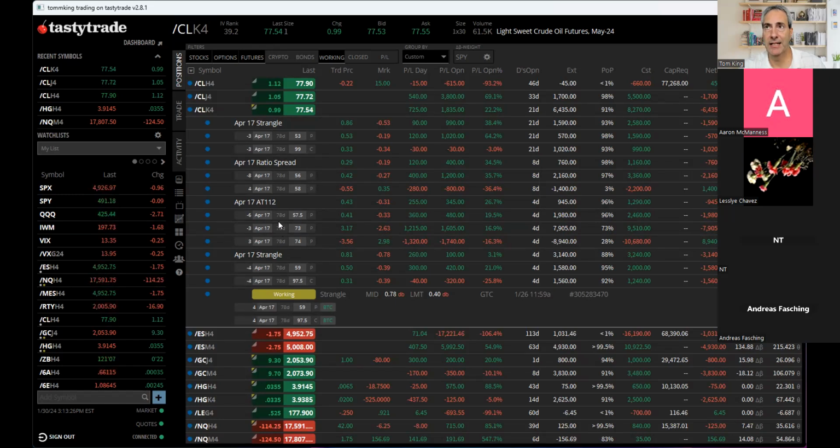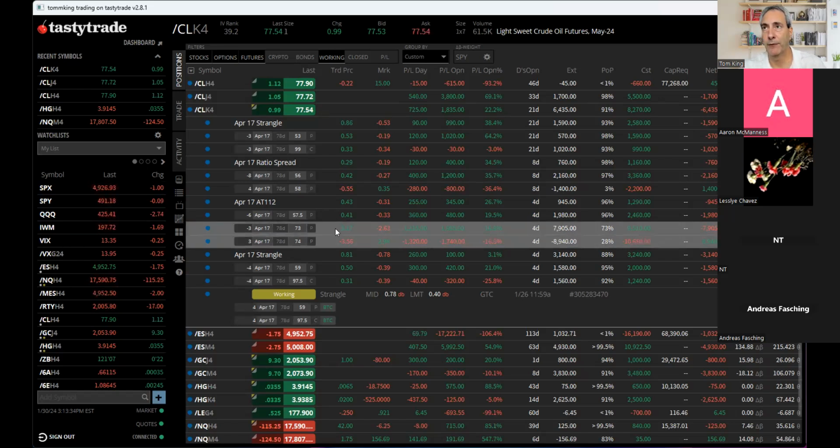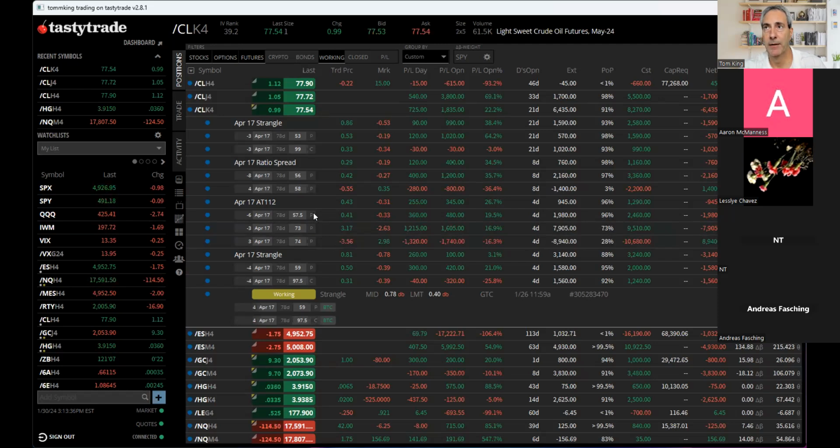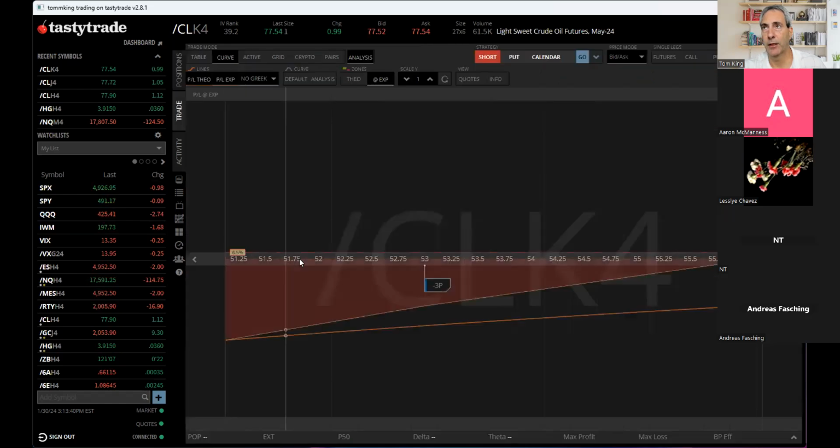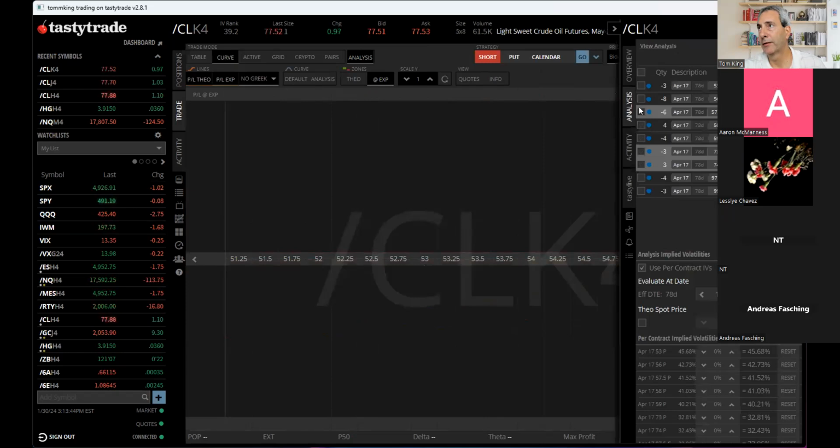I put this on at like 82 days, so it's close to a strangle. So I think putting it on at 7 delta is okay here, and it pays for the fact that I moved that put debit spread up higher. And if we take a look at this particular one and how it looks.